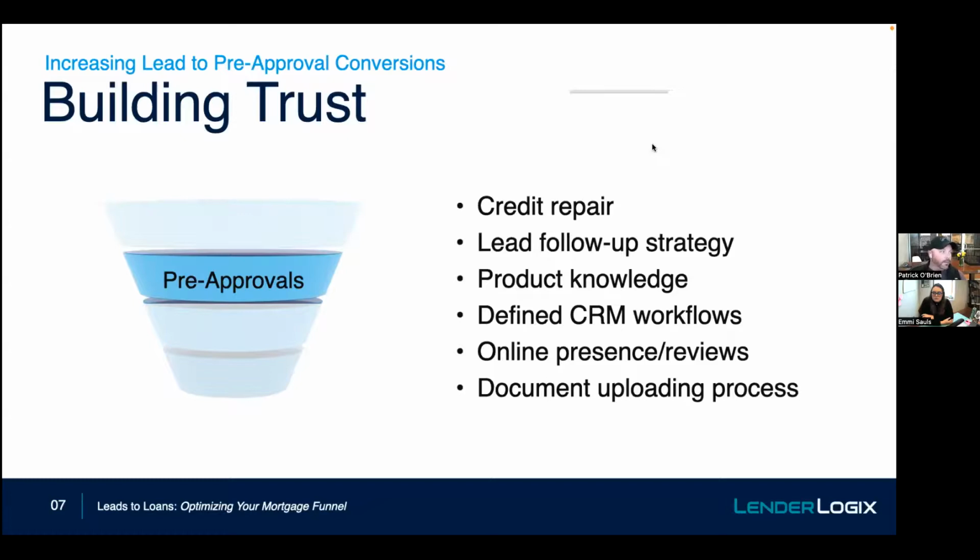CRM outreach to borrowers that aren't quite ready, online reviews, making sure that borrower knows that we're a trustworthy, reputable loan officer to do business with. Doc uploading, getting borrowers engaged earlier in the process, getting them invested in the process, increases the likelihood that borrower is going to continue down the road with us to pre-approval.